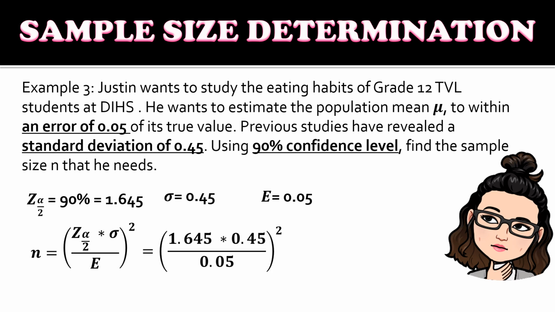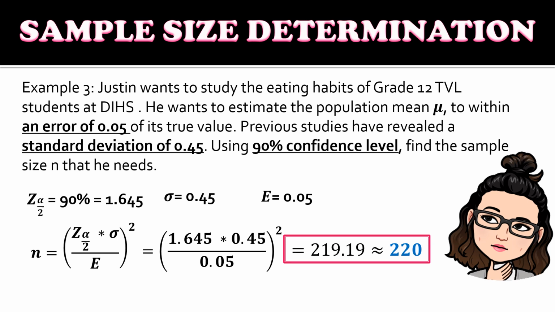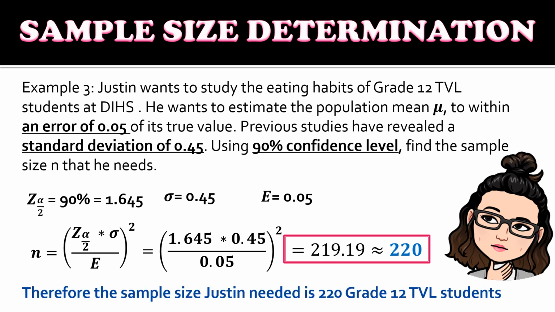So we have 1.645 times 0.45 divided by 0.05, and then square the answer. We will have 219.19, which is equivalent to 220. So therefore, the sample size Justin needed is 220 grade 12 TVL students.